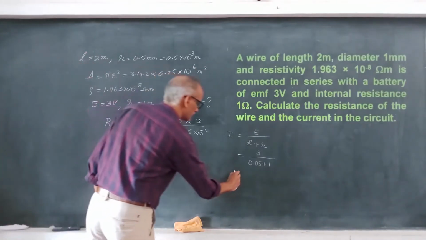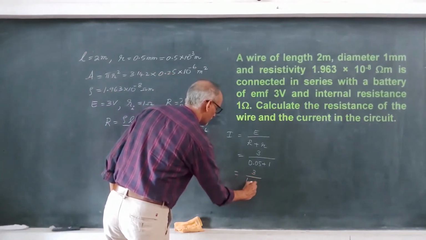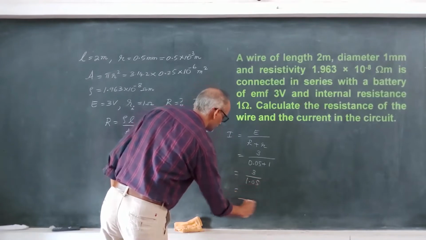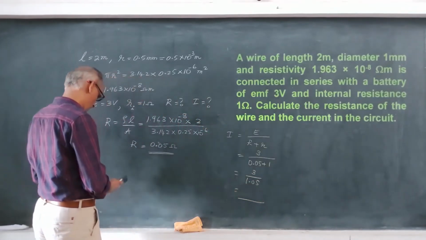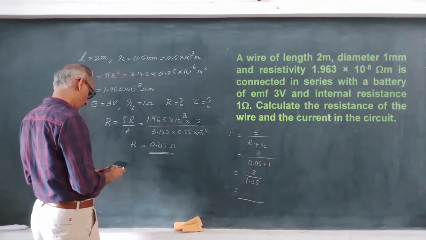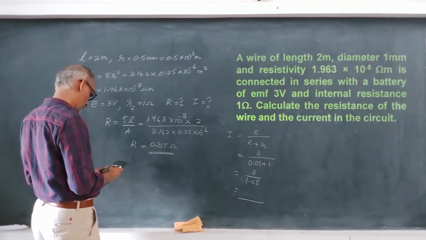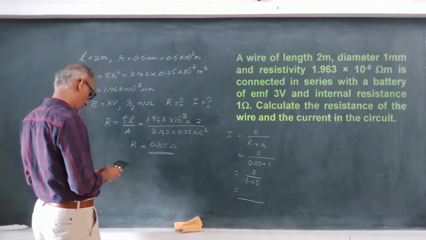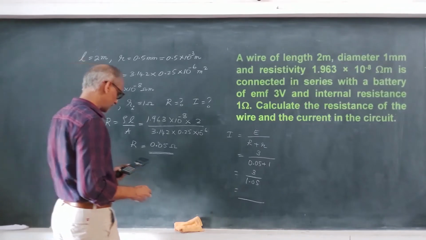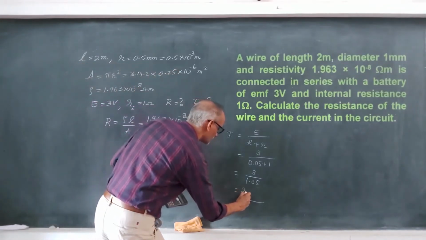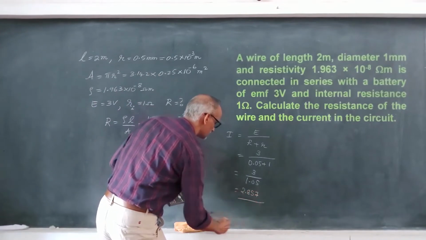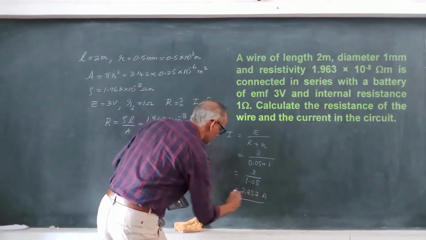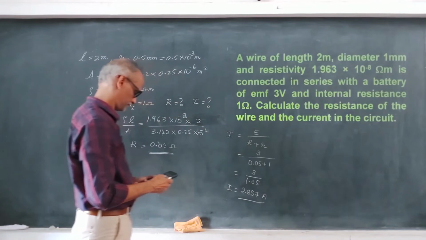So on dividing, we will get 3 by 1.05. Three divided by 1.05 will give you 2.857. It's a current, so that will be in ampere.